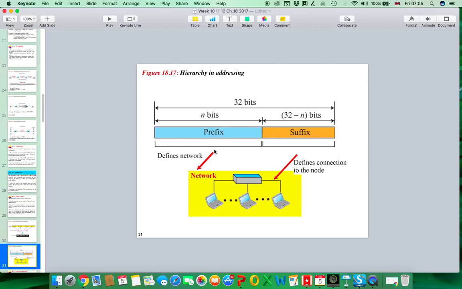The prefix defines the network, and the suffix gives the address to the host itself. Always remember, in a network, your prefix will not change. If you take some hosts and make a separate subnet, the subnet bits will not change for the entire small network.